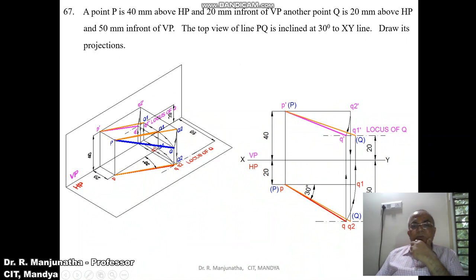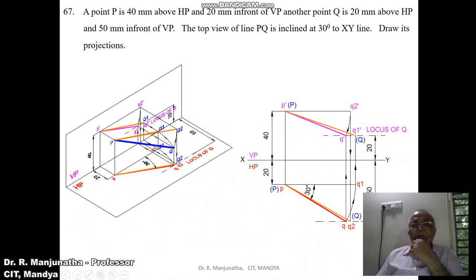That is what we have shown in the orthographic view also. So when it is rotated in space, what happens? The image will be rotated in the horizontal plane. You can see that PQ, when you are rotating and making it parallel to VP, PQ1 is in front of VP by 20 mm. That is what we have shown here: the line is rotated with P as center, taking the radius of PQ, and made parallel to VP.